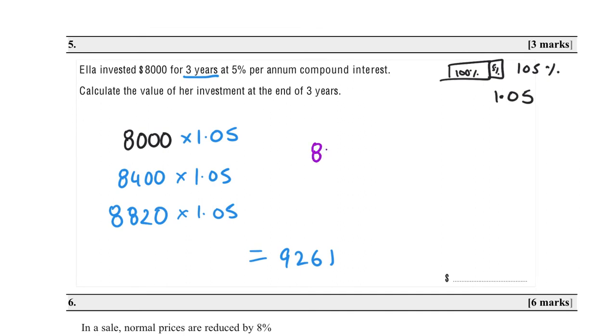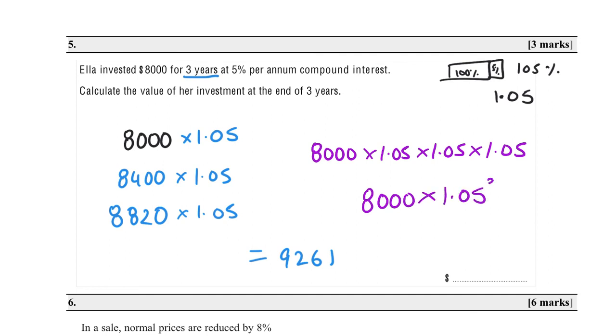Technically, we've done 8,000 and multiplied it by 1.05 three times. So this is 8,000 times 1.05 to the power of 3. This is the quick way and it will give you the same answer.